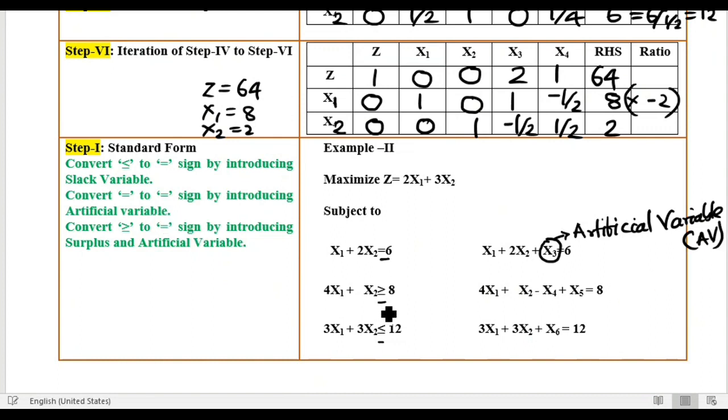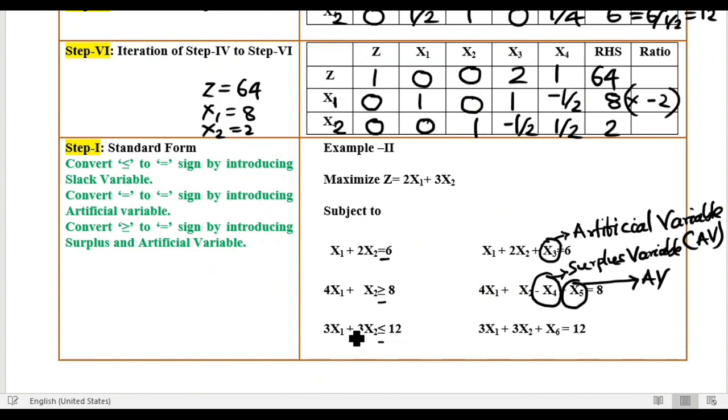Okay. Then for the greater than or equal to sign, we convert it to an equal to sign by introducing a surplus variable, and the surplus variable is deducted from here, minus. So this is the surplus variable, and this is the artificial variable.